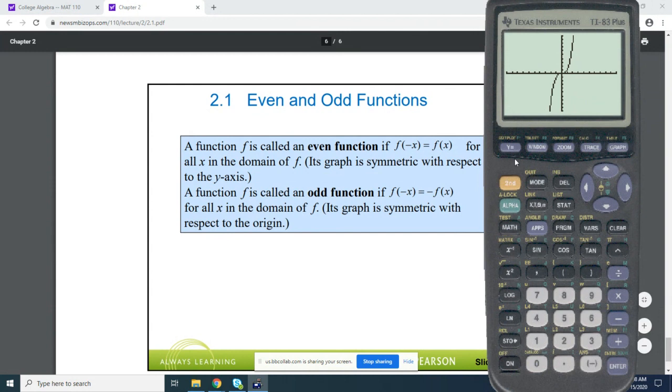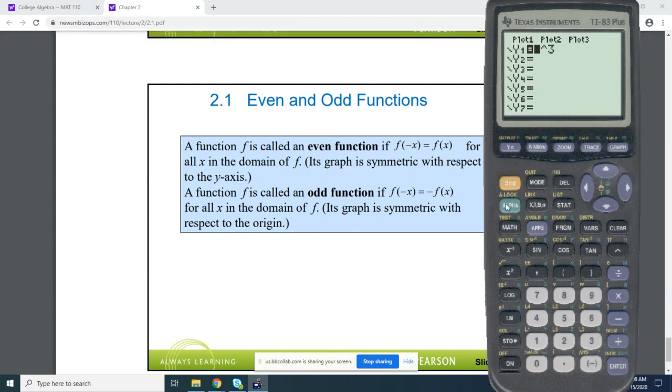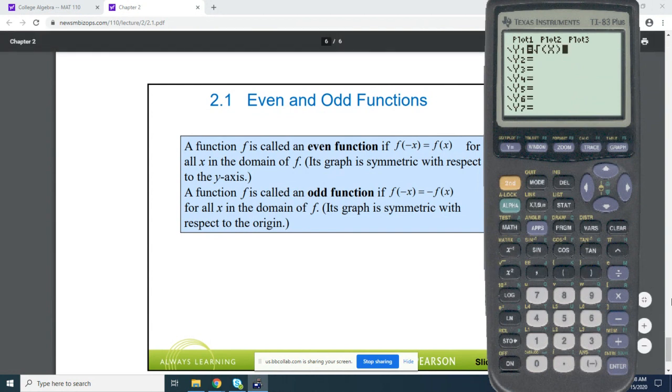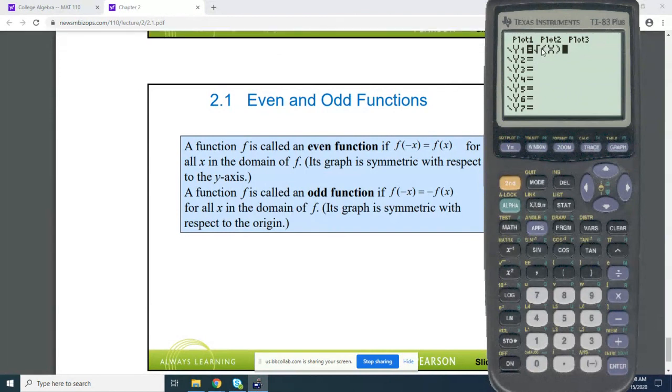All right, now we're going to graph the square root equation. y is equal to the square root of x. So square root is above the x squared key. I put my argument in a set of parentheses. Now, depending upon what calculator you have, you may or may not have to use parentheses.